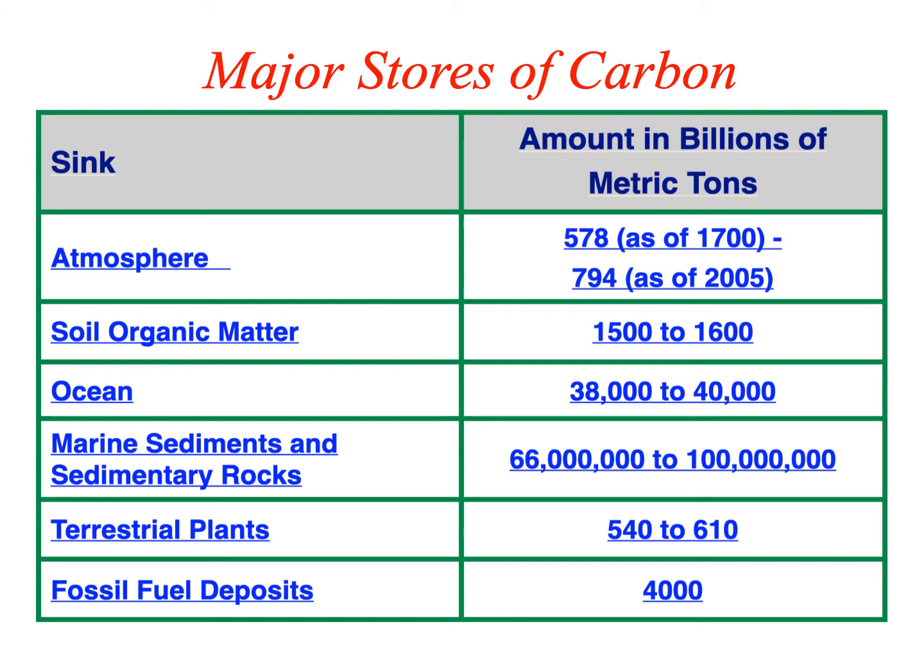Huge store of carbon in the ocean, 38,000 to 40,000. Marine sediments and sedimentary rocks, huge store in the millions. And then terrestrial plants, anywhere from 540 to 610 billion metric tons. And then finally, fossil fuel deposits, estimated at about 4 billion metric tons of carbon stored in those substances.